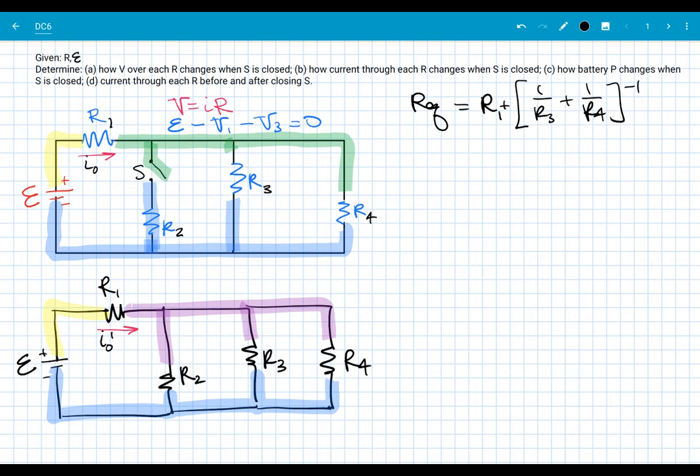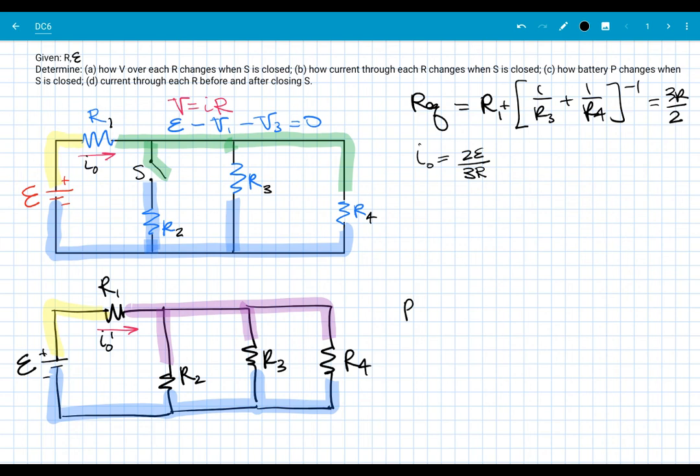Okay. So this actually ends up giving me 3R/2. So my battery current is equal to 2E/3R for the open case.